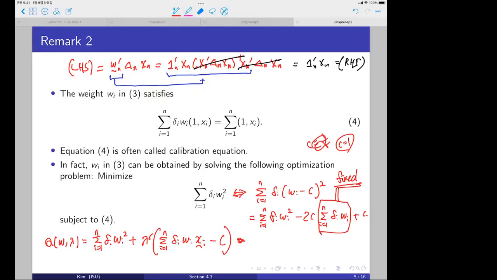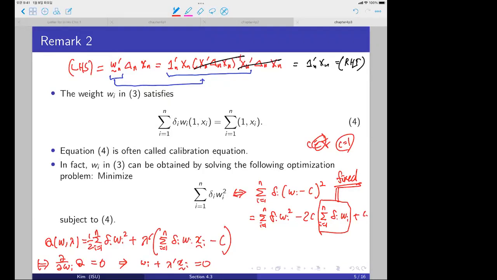Setting the derivative equal to 0 implies, we should better put 1/2 here, so that we have wi plus lambda prime xi equal to 0. So the solution to this problem is linear in xi.